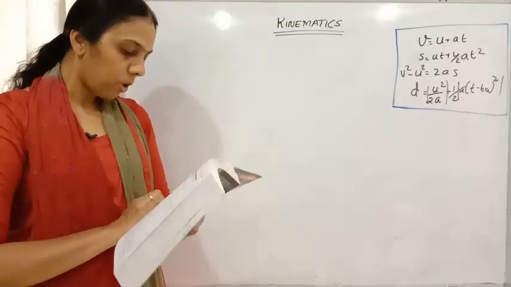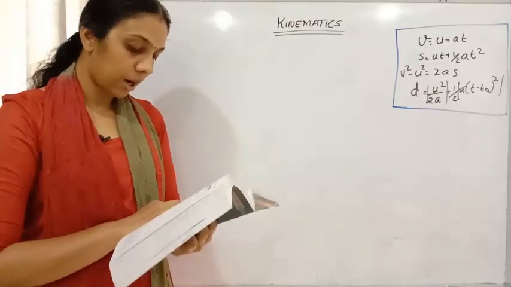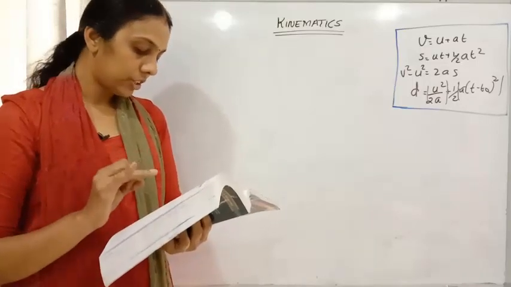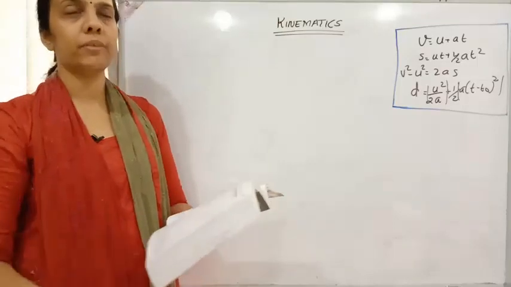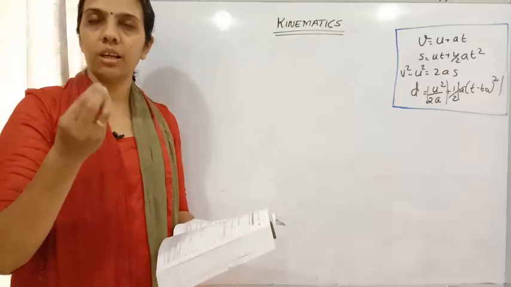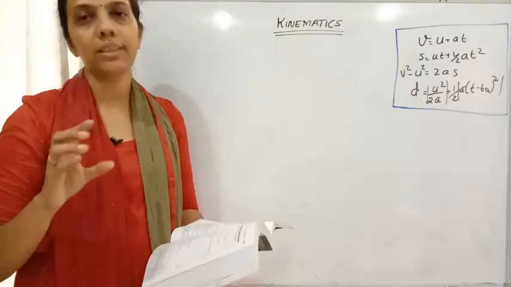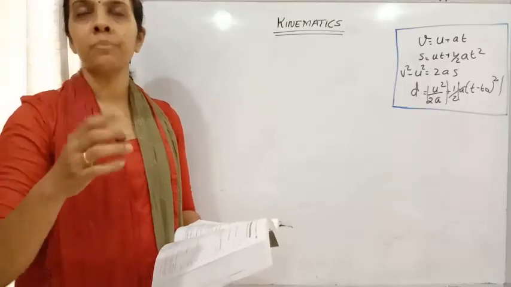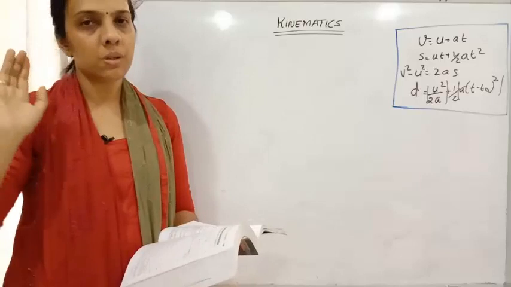Next: a ball is thrown vertically upwards. What quantity remains constant among speed, kinetic energy, velocity and acceleration? Some initial velocity will be there when we throw it upwards. When it reaches the maximum height, the velocity is equal to 0.